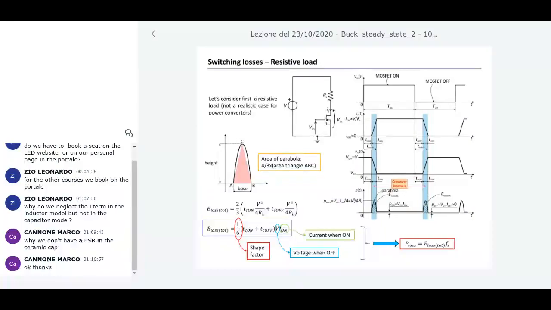But anyway, we can say that the power dissipated when transistors or diodes are in the interdiction state, when they are off, is well lower than the power dissipated when they are on. And so this kind of power can be negligible.